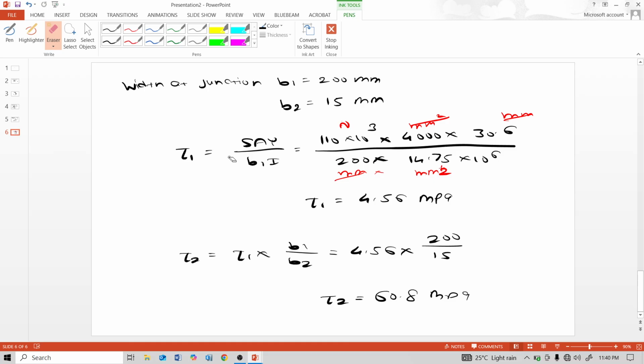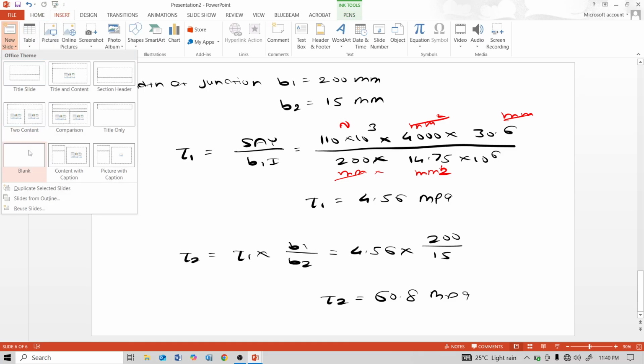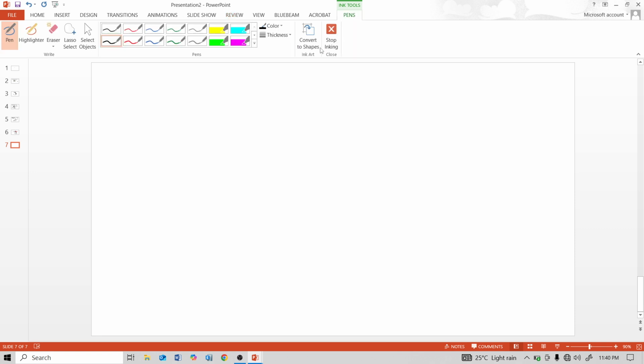Now, the next step is to calculate shear stress at the neutral axis. For shear stress at the neutral axis, the area below the neutral axis is this web part, thickness 15 mm, multiplied by the neutral axis.